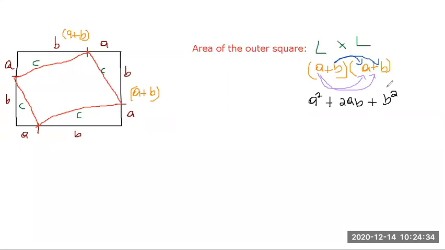Now, there's another way we could find the area of this square as well. The other way, area of square, part 2. If we look at this square, instead of doing it the first way we did, another thing we could do is break it up into triangles.